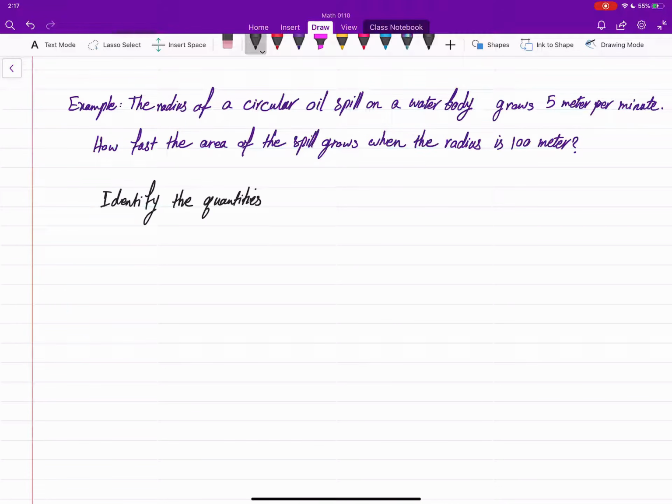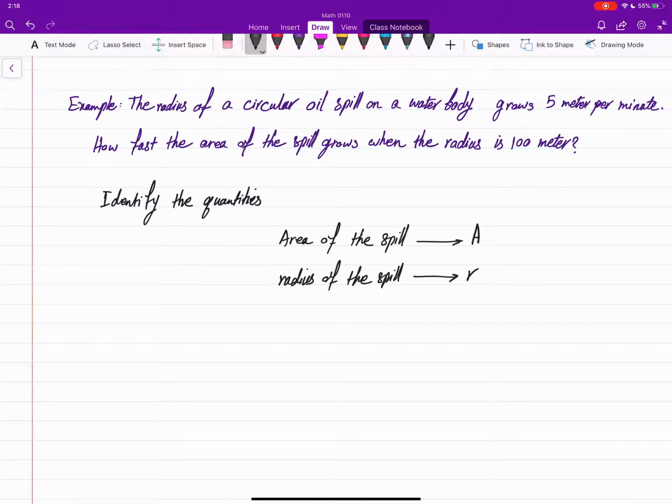Here we have a circular spill, and we have the area of the spill and the radius of it, and everything else is around these two things. We have to choose variables for these. Let's choose A for the area and R for the radius.